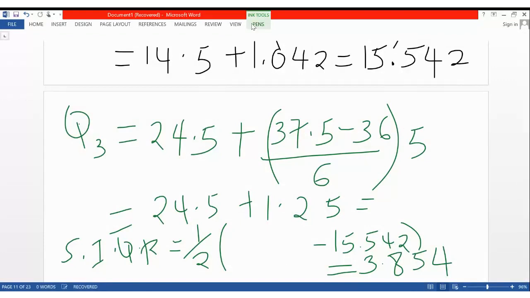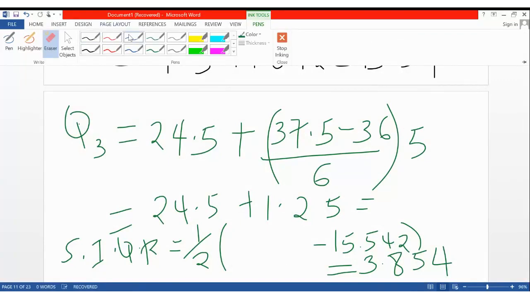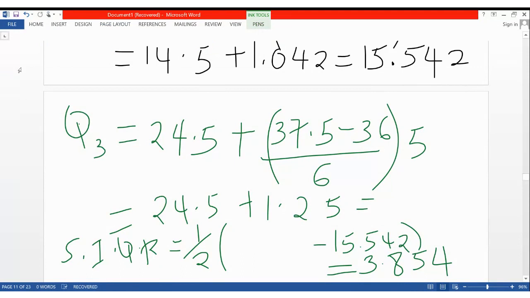Thank you for that. 25.75 minus 15.542, then divided by 2, is 5.104.